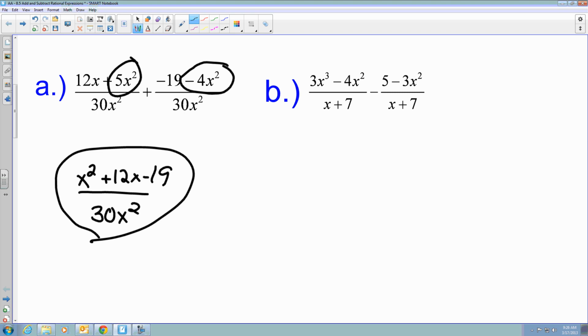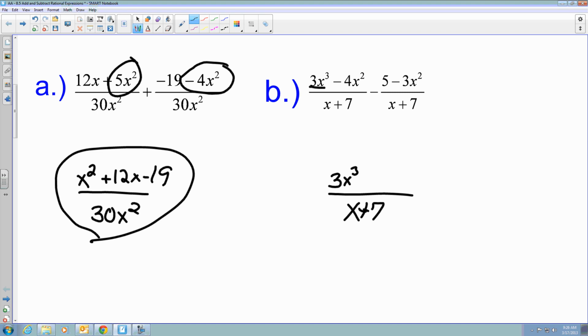So now for b, same thing. I'm going to leave my denominator alone because we have like terms. Now with subtraction, I have 3x cubed, and I have no like terms here, so I have 3x cubed.